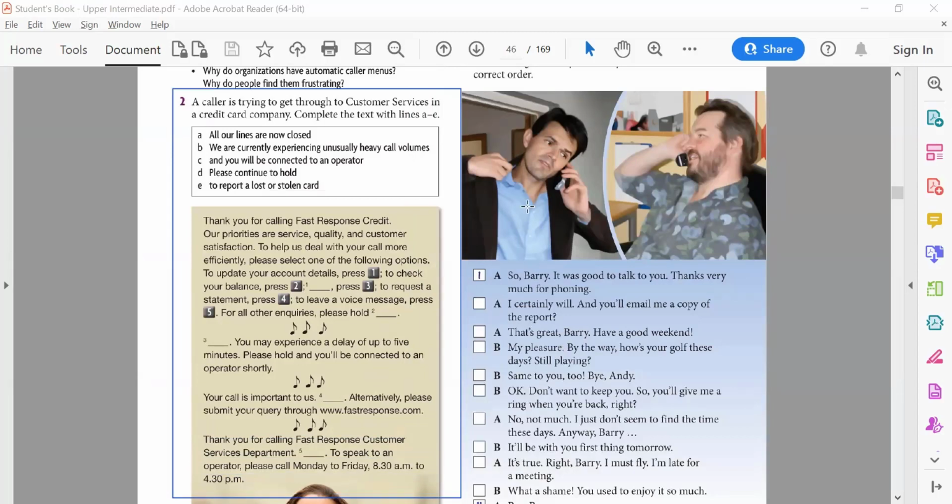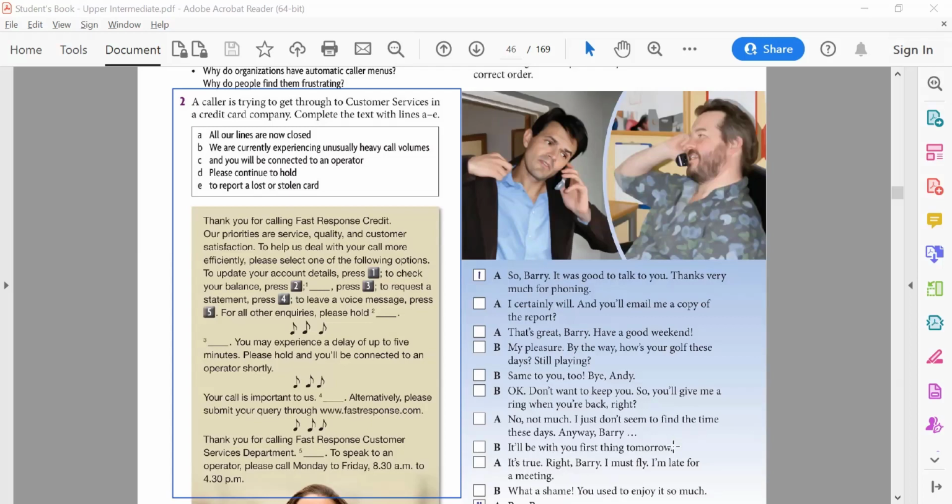To check your balance, press 2. To report a lost or stolen card, press 3. To request a statement, press 4. To leave a voice message, press 5. For all other inquiries, please hold and you will be connected to an operator.